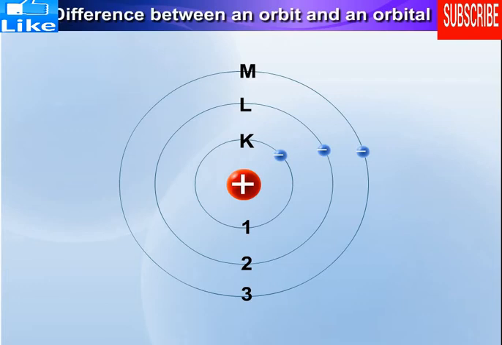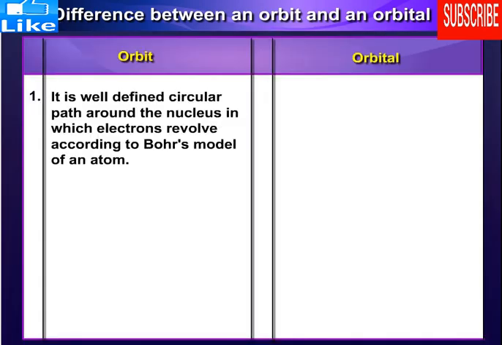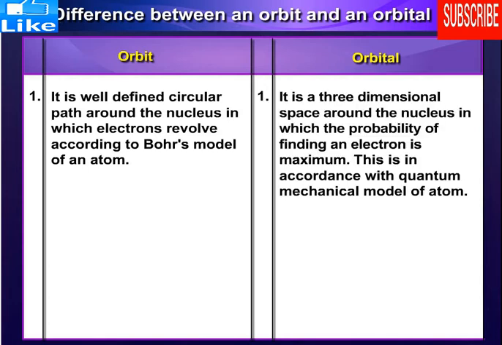Difference between an orbit and an orbital. 1. An orbit is a well-defined circular path around the nucleus, in which electrons revolve, according to Bohr's model of an atom. 1. An orbital is a 3-dimensional space around the nucleus, in which the probability of finding an electron is maximum.